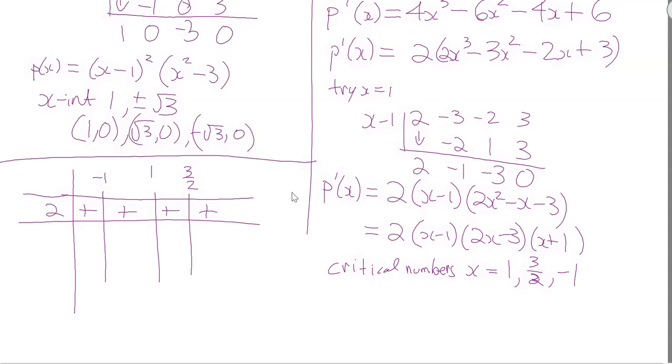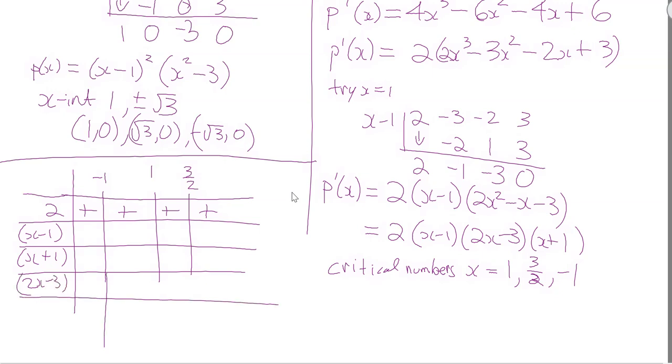So don't ignore that constant factor. x minus 1, x plus 1, 2x minus 3 will give us p prime of x, which will tell us about p of x. So, fill in the table.